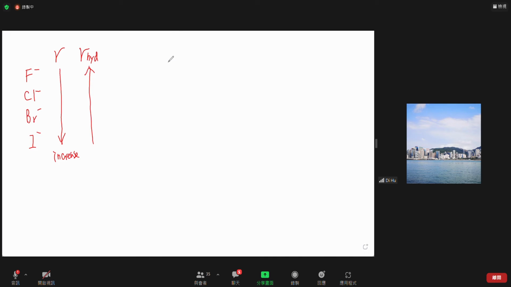Understand this sequence? Now we are talking about charge density, which is the charge over the hydrated radius. Can anyone tell me which one has the largest charge density? Which one has the smallest charge density? Yes, very good.